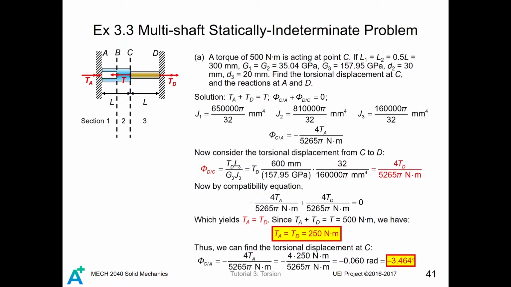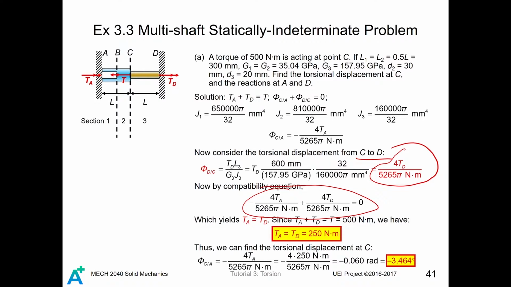Next, we consider the torsional displacement from C to D. We substitute the shear modulus of D as well as the polar moment of inertia into it. Then we will get this: the torsional displacement of D relative to C equals 40TD divided by 5265 pi, in Newton meters. By using the compatibility equation, we can get this result.